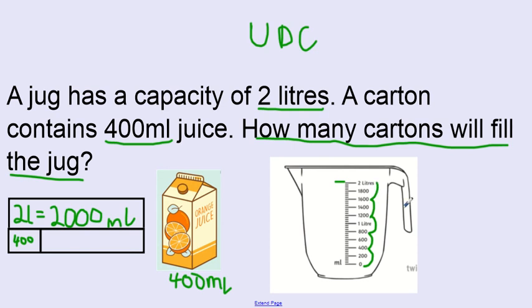So how many does it hold? 1, 2, 3, 4, 5. So I know that 5 lots of 400, 1, 2, 3, 4, 5. 5 lots of 400 make 2,000 millilitres. So it holds 5 cartons.